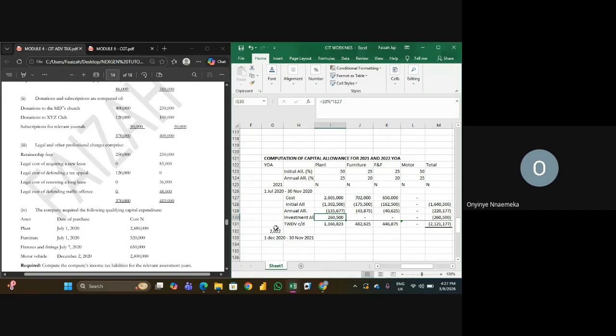The reason why I use it here is because as at this particular year of assessment, we still have investment allowance. But when you see questions that cover 2023 year of assessment, 2024 year of assessment, then you are going to ignore investment allowance. You are not going to compute it. Do you get it? 2023 and above. Yes.